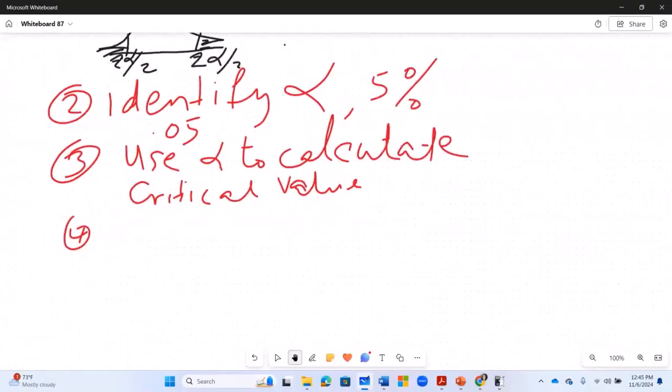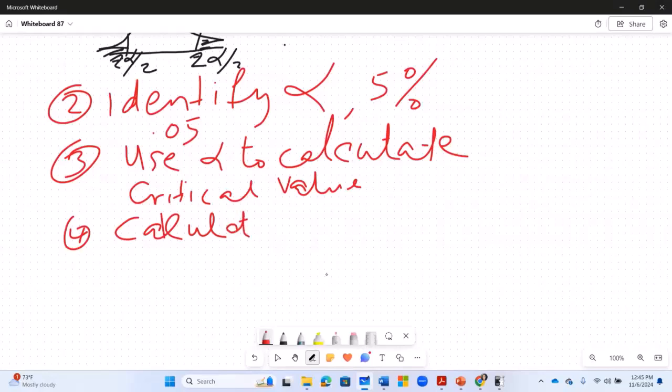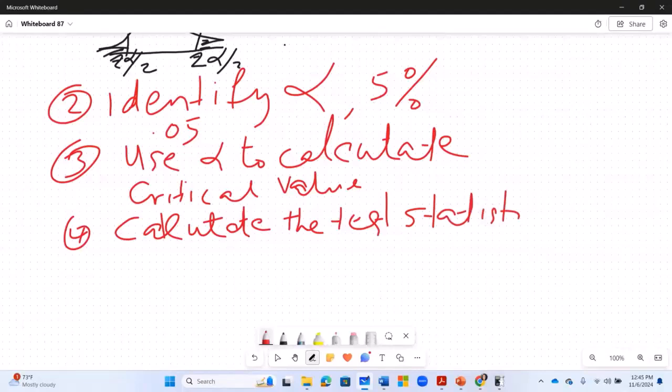So I'm going to just write it here. Calculate the test statistic.